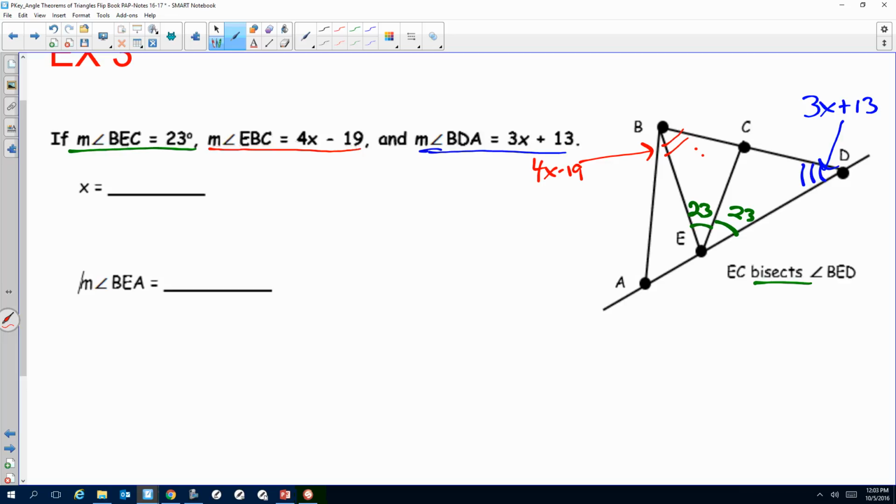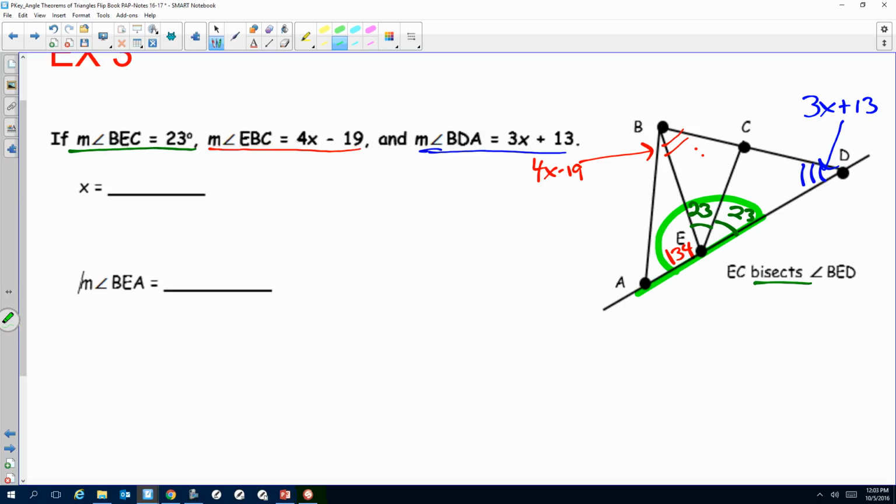So 180 minus 46. Yeah, 134 right here. He's using this line and the linear pair right there. All those three angles together are 180.